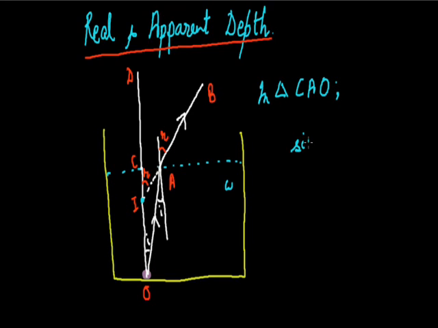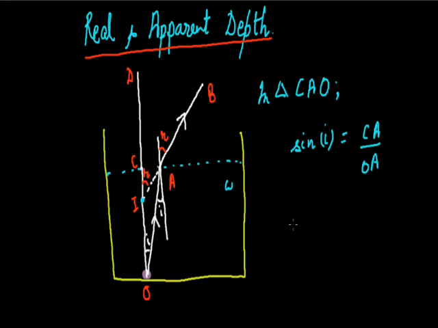then in triangle CAO, sine of angle i is equal to, this is the angle i, this ray CO behaves like the base and CA is the perpendicular while AO is the hypotenuse. As the sine of angle i is the ratio of perpendicular to hypotenuse, sine i is equal to CA upon OA.